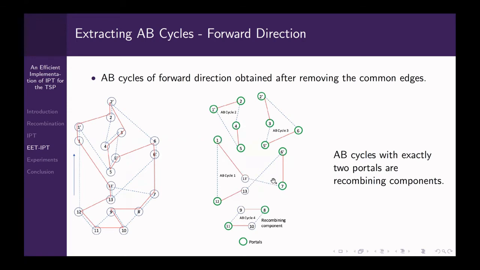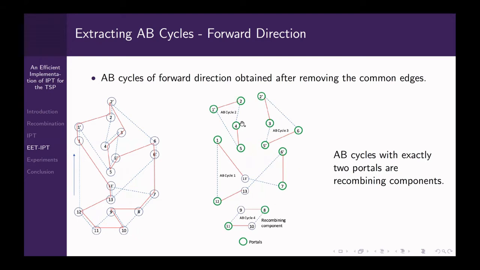That's why they are called AB cycles, or red-blue cycles, whatever you call them. Among these AB cycles, those which have exactly 2 entry and exit points, which we call portals, will be called recombining components.